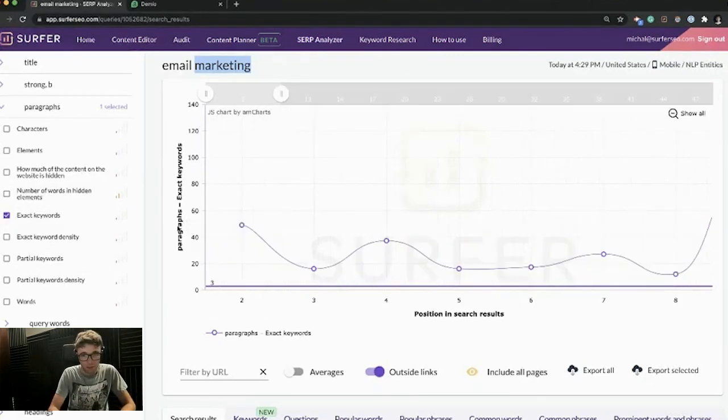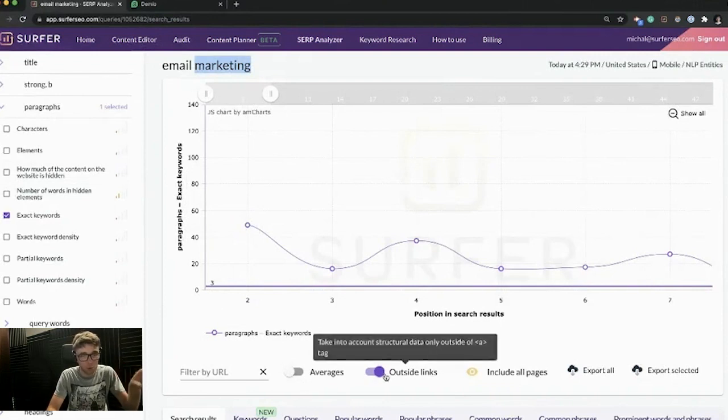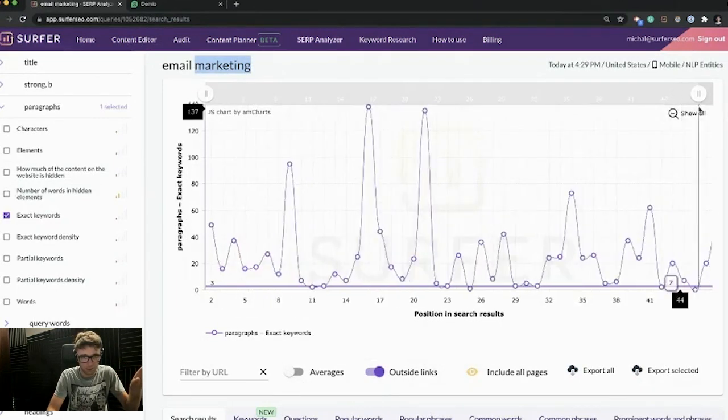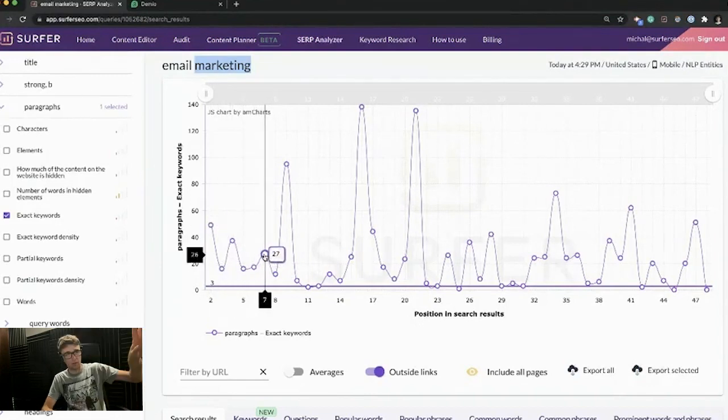Let me narrow it down a little bit more. There is a relatively strong correlation. Maybe it looks better if I show the whole chart. You see, from position 8, it goes higher, higher, higher, higher, higher. You see there is a trend.